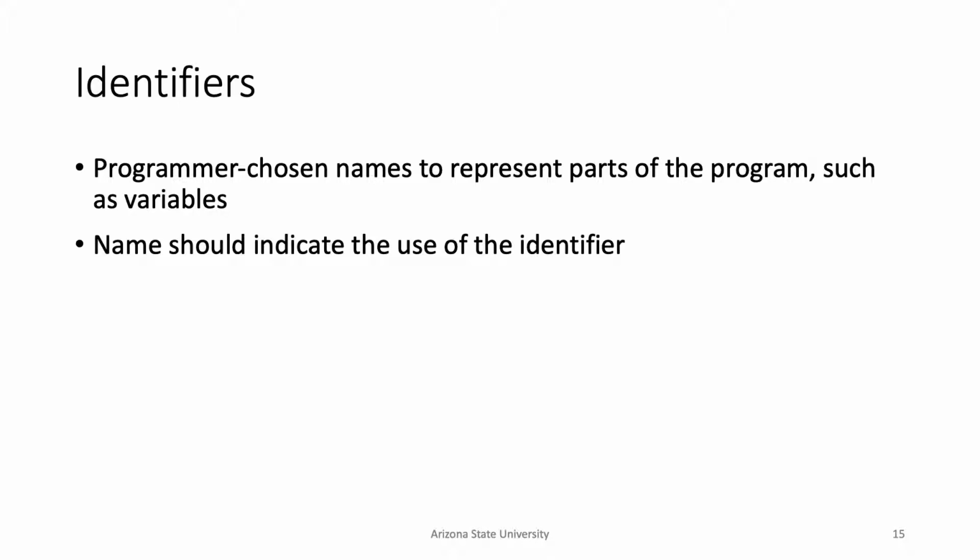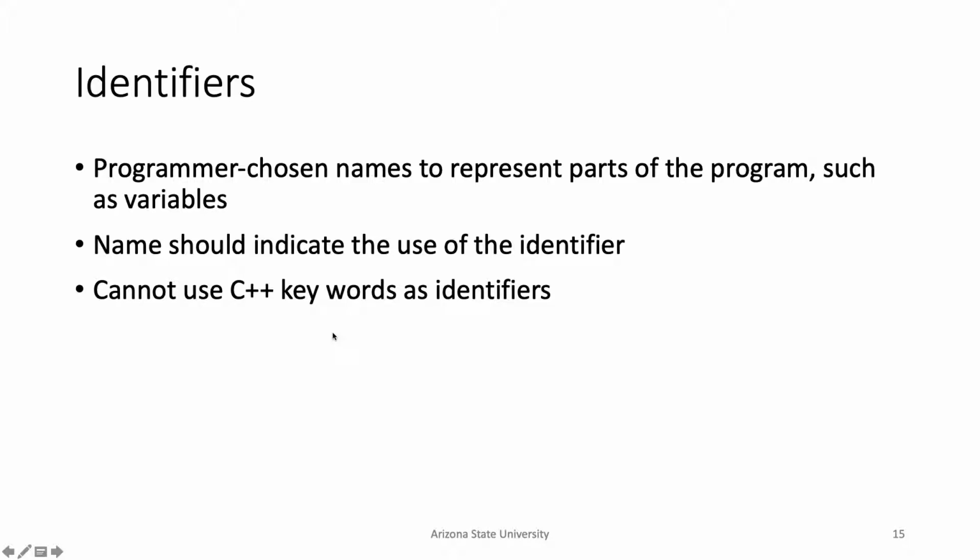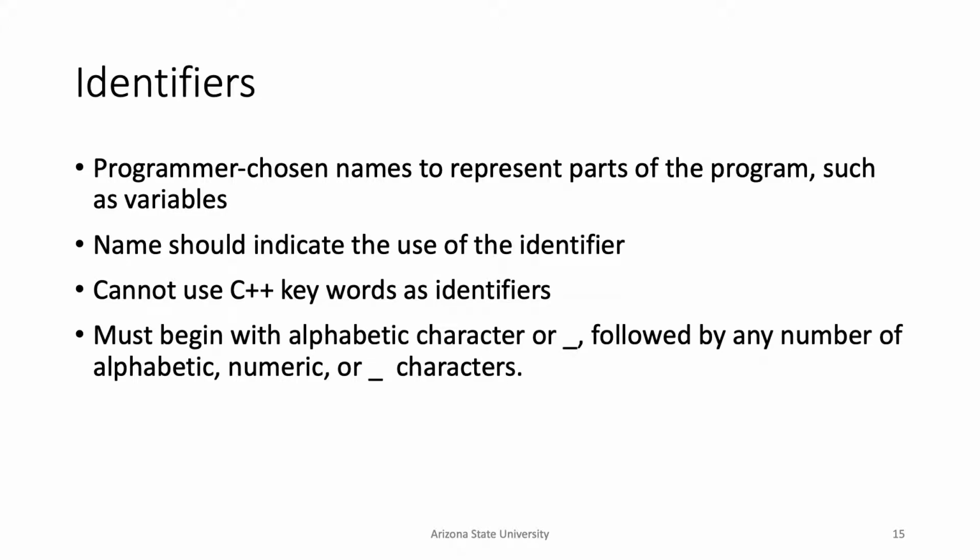What would be an example of a variable name to get input from the user? Input, or input1, or something. So it indicates in its own name what it should be used for, so that it's easier to work with later on. I could call it A, B, C, D, E, F, G, H, but that's probably not a good idea. You can't use keywords as identifiers because keywords have a unique purpose in C++.